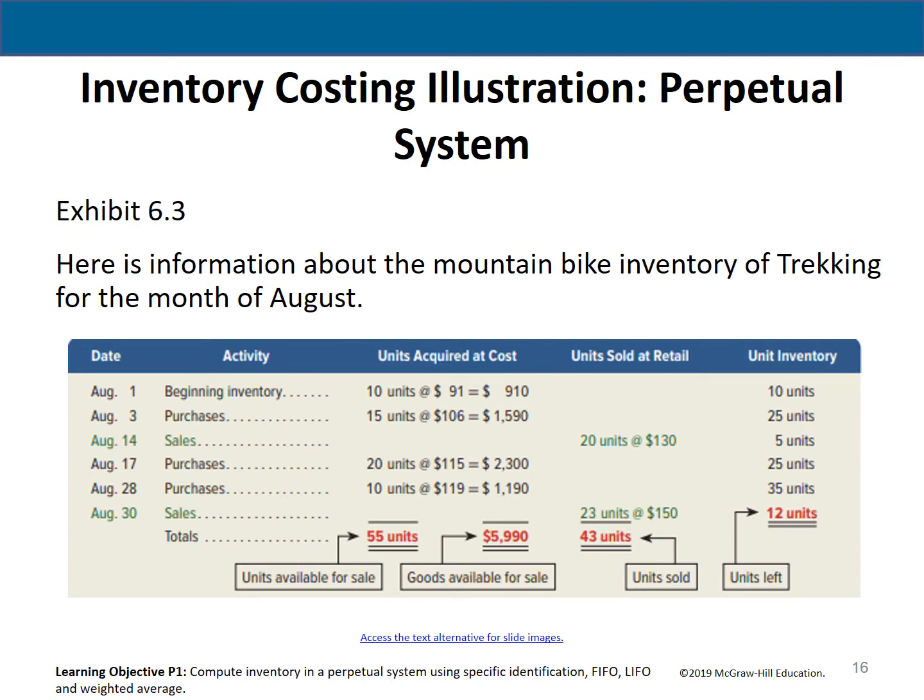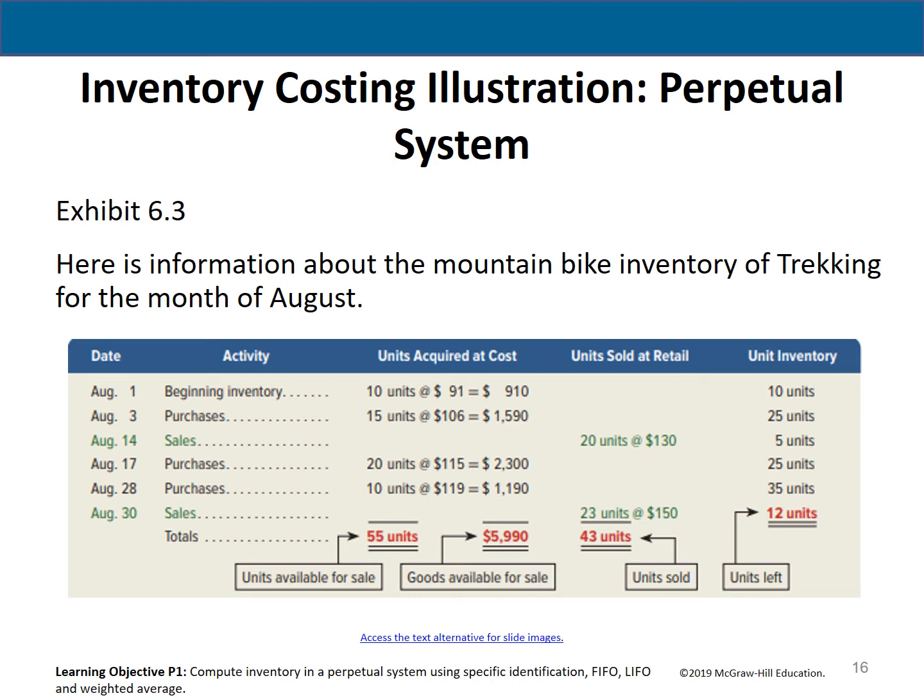Okay. So here is information about mountain bike inventory. And this is in your book too. They start the beginning of August with 10 units of inventory. Let's say it's bikes, 10 bikes. And these bikes cost them $91 each.